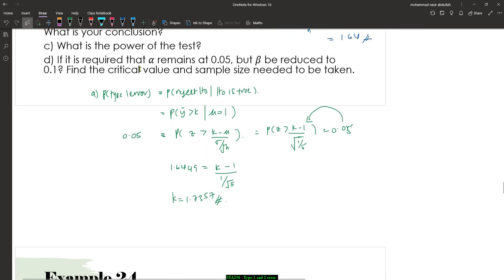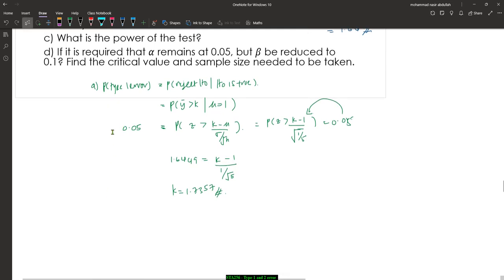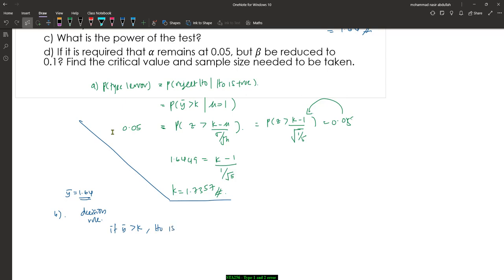So since k is equal to 1.7, right? Di sini. So since k equal to 1.7, decision rule, this is B, decision rule, kita tahu y bar is equal to 1.64, right? Decision rule is if y bar more than k, right? So this is the critical region, kan? So null hypothesis is rejected.